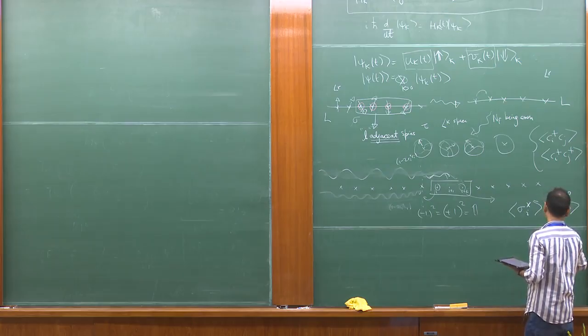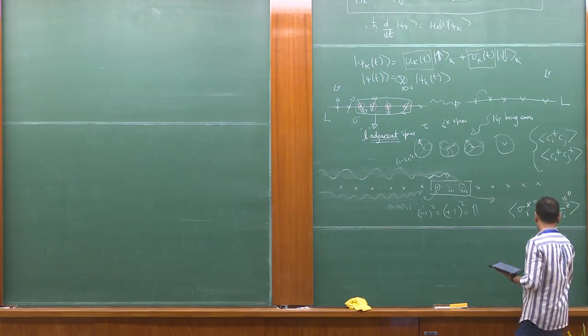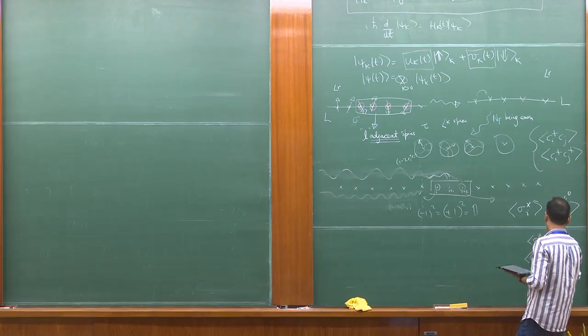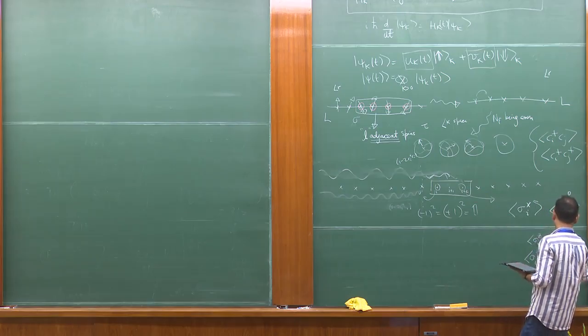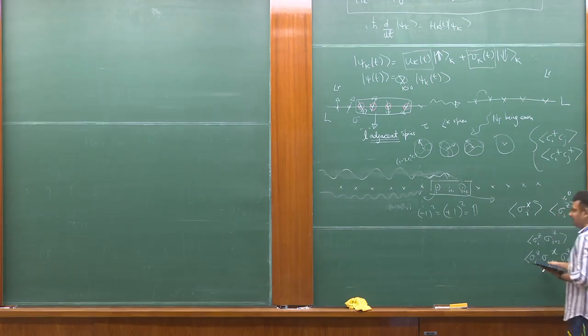But suppose I compute a correlation function like, whatever, I plus 2. I know again how to calculate this in terms of fermions. This is in general non-zero. This I also know how to compute in terms of fermions. This is a higher point correlation function in terms of fermions, but I can reduce it, right?